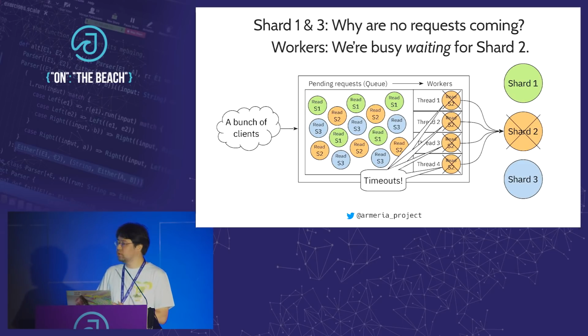Unless shard 2 is recovered really quickly, the worker threads are dominated by shard 2 and other shards will be affected, regardless of whether they are capable of handling the request or not. So what does all this mean? It means just a partial breakage can trigger the entire service to go down.